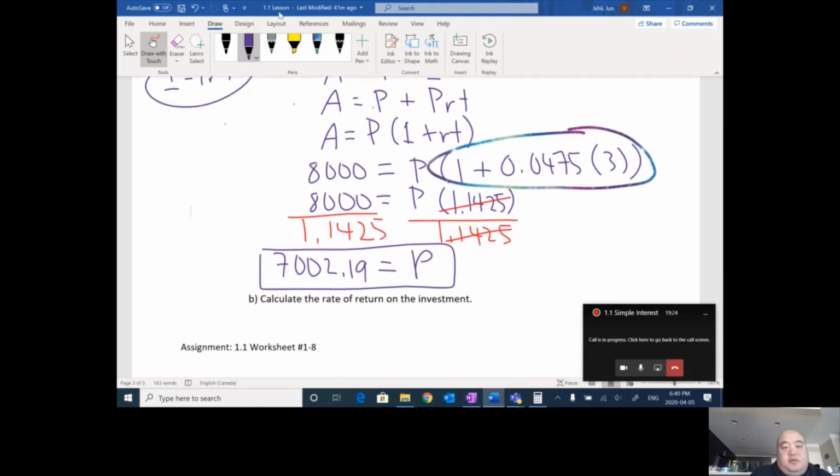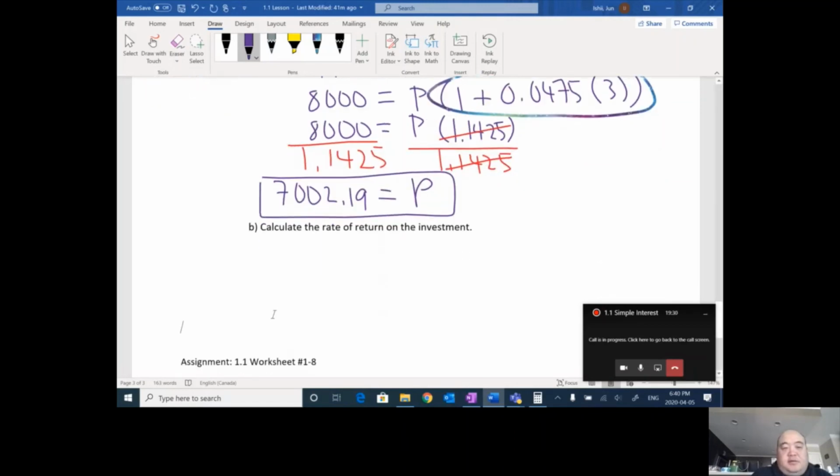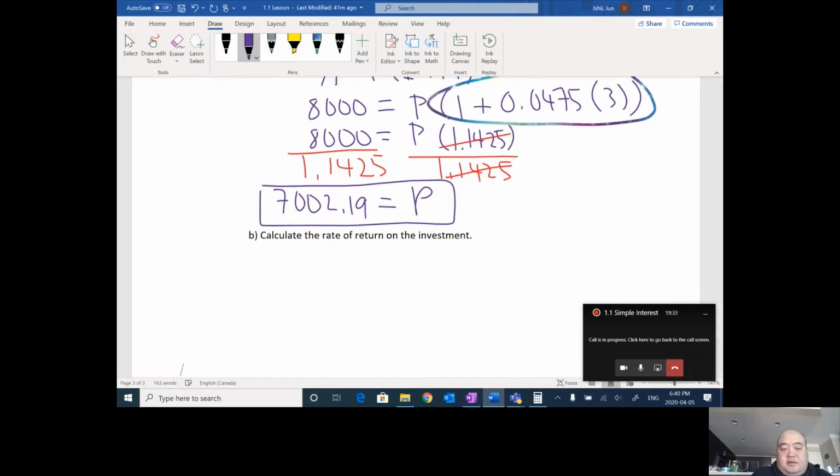Now, part B of this example asks, calculate the rate of return on the investment. What it's asking is, it went from $7,002.19 and it grew to 8,000.